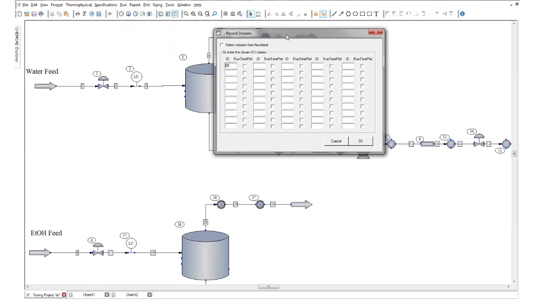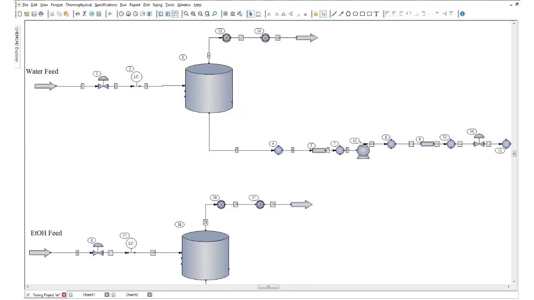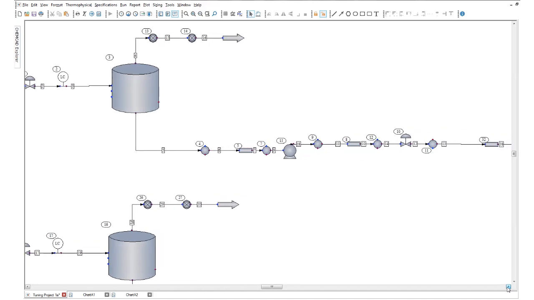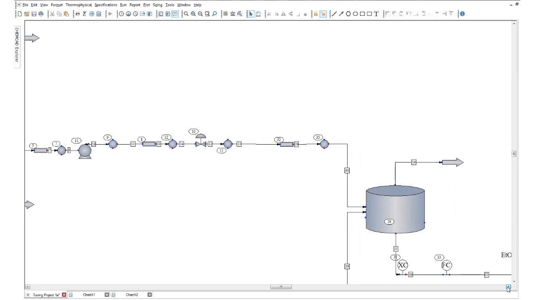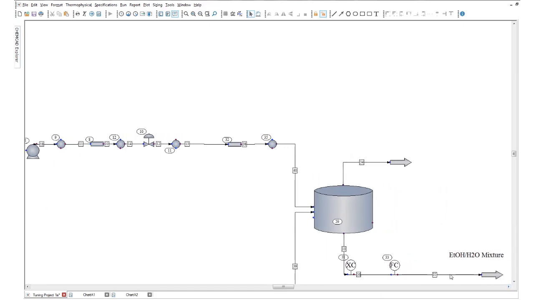At the present time, I'm only recording stream number 35, and I'll click OK. And 35, if we look all the way out, is my final ethanol water mixture.